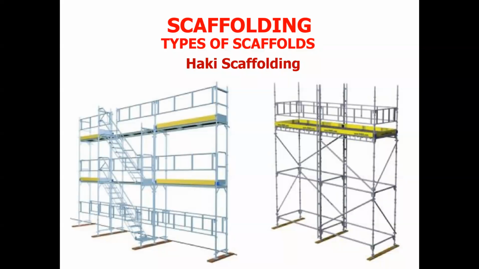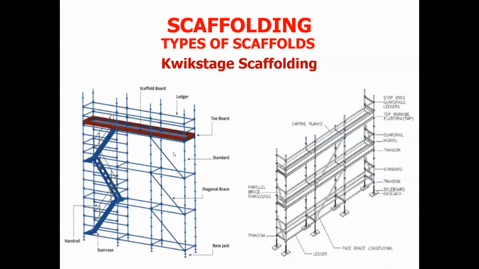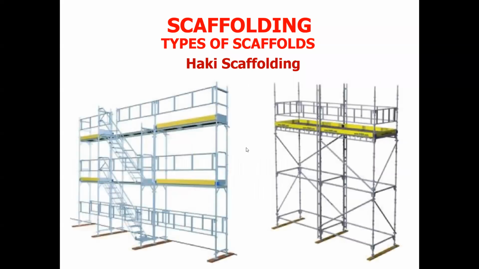If you look at Hackey scaffold, you will discover that it looks similar to the scaffold that we just did before this one. I'm talking about the quick stage scaffolds, like we are looking at here. But if you look at this one, you notice the differences between them. The diagonal members come on both sides, and this particular member in the center is not the same as these ones at the edge. If you look at it, you will observe it very well.